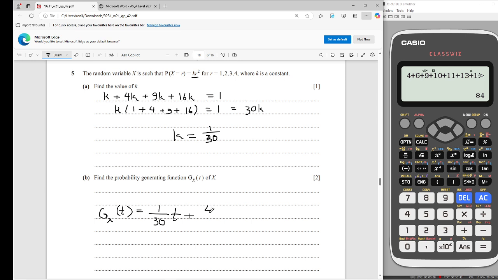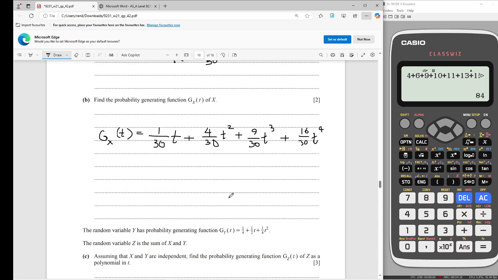So it's going to be 4 over 30 t squared, 9 over 30 t cubed. I don't think we need to factorize these because I don't see any need to do it. And lastly we have 16 over 30 t to the power 4. Okay, so this is our PGF for this.